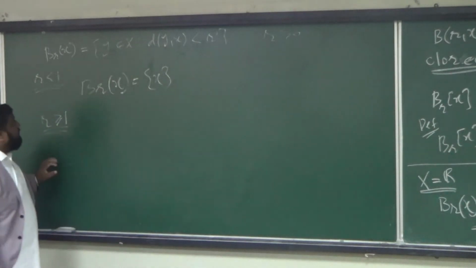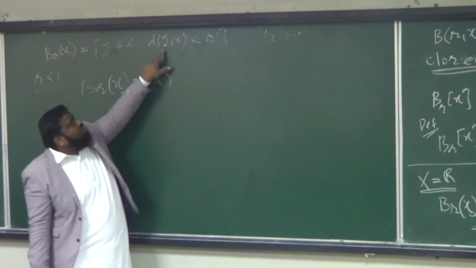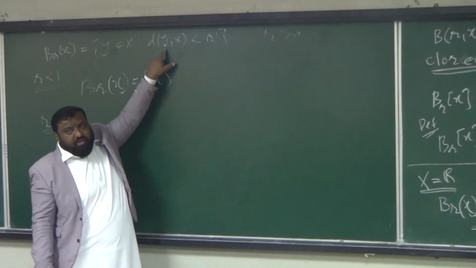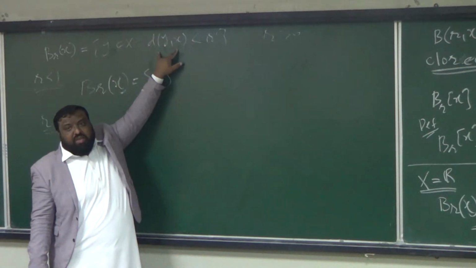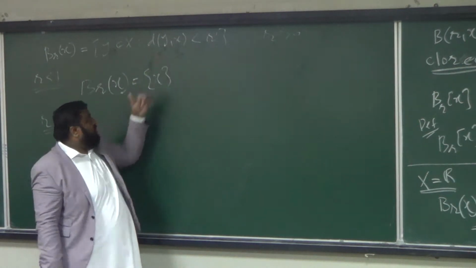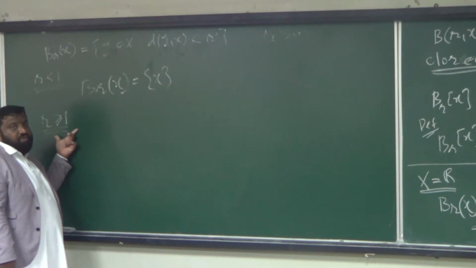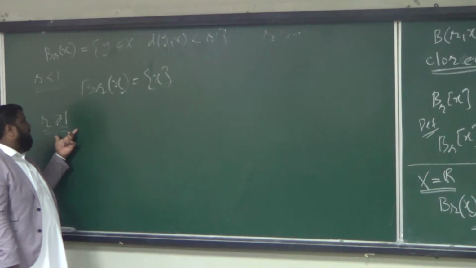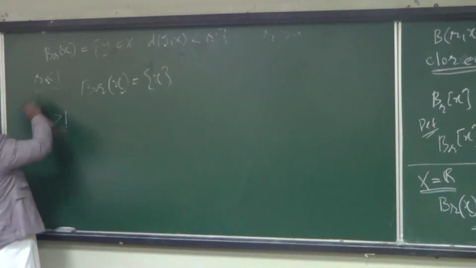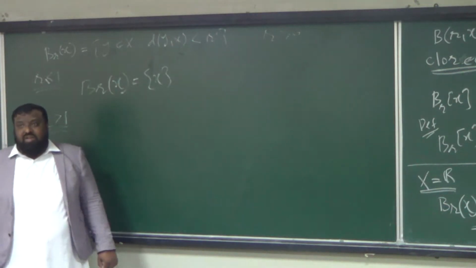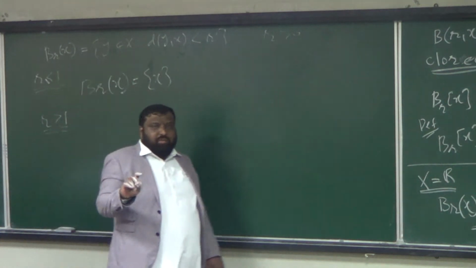So if r is bigger than or equal to 1, then no matter what y I put here which is different from x, this distance is going to be 1, which is true. But there is going to be one trouble. We can't have equality here. Even if we take r equal to 1, it is still a troublemaking thing.